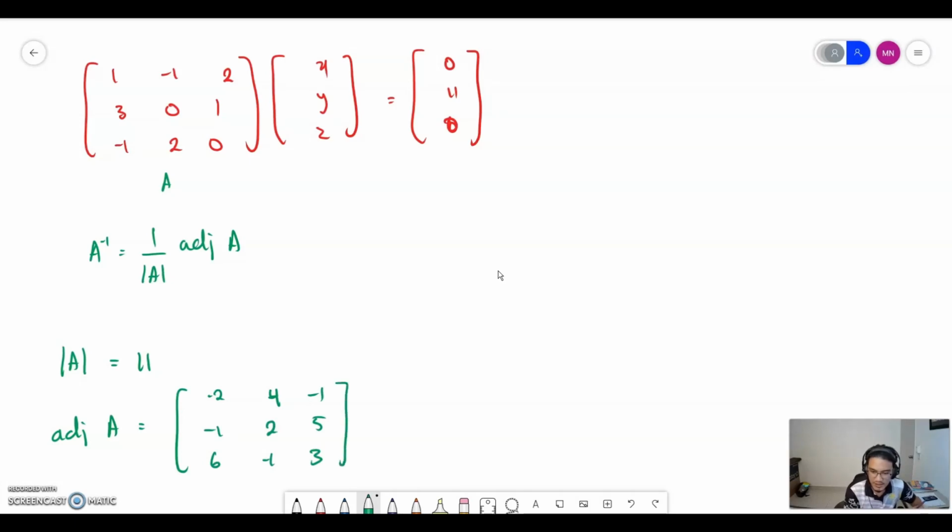Okay, this is the answer for adjoint. Okay, so from that, we have to find the inverse of matrix A.